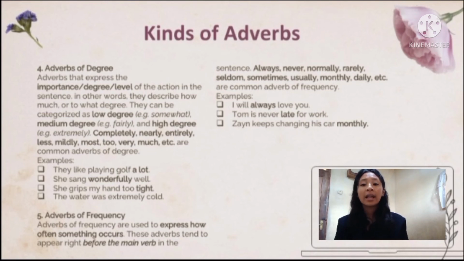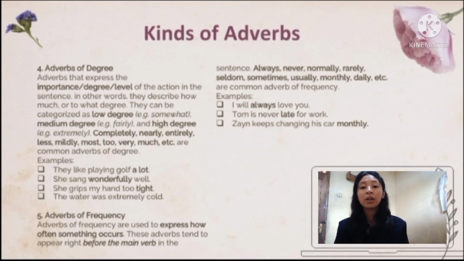Completely, nearly, entirely, less, mildly, most, too, very, much, and so on are common adverbs of degree. For example, they like playing golf a lot. She sang wonderfully well. She gripped my hand too tight. The water was extremely cold.